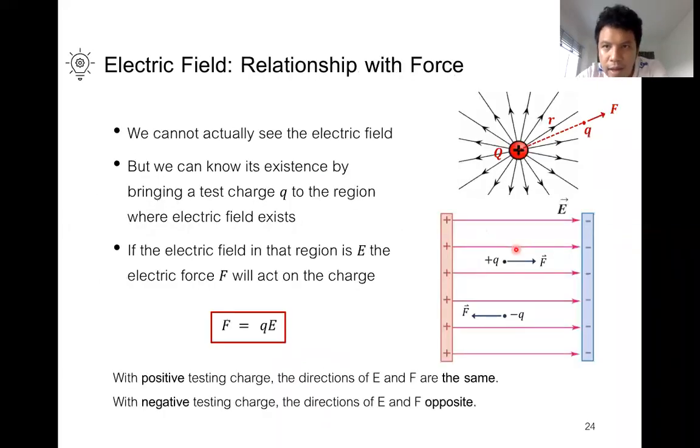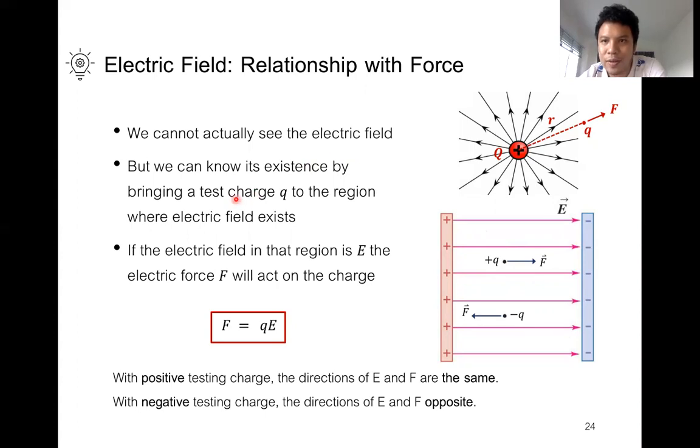Okay, and about the relationship with force. We say that we cannot actually see the electric field. This is true. You cannot see the shape or the color or the size or anything of the electric field by eye.